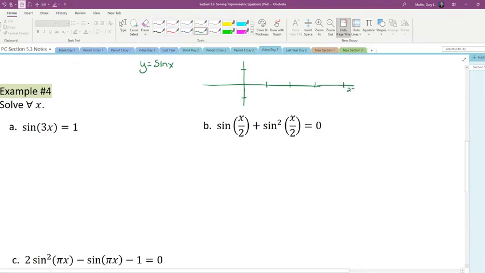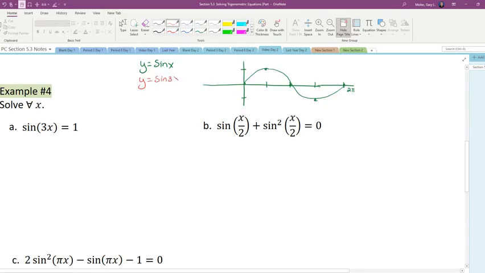So there's 2 pi. So we know that sine looks like this. All right, so that's what sine looks like. So what does sine of 3x look like?